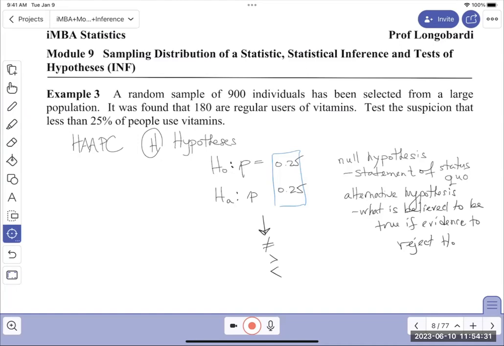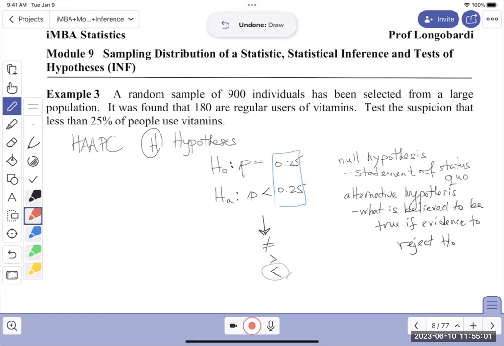Notice I can only put an equal sign in the null, an exact assumption, because otherwise I can't use the theory. It has to be equals. So what I put here is my suspicion that less than 25% of people use vitamins. So that is going to be this. That's my selection. I'm going to select less than. Okay.